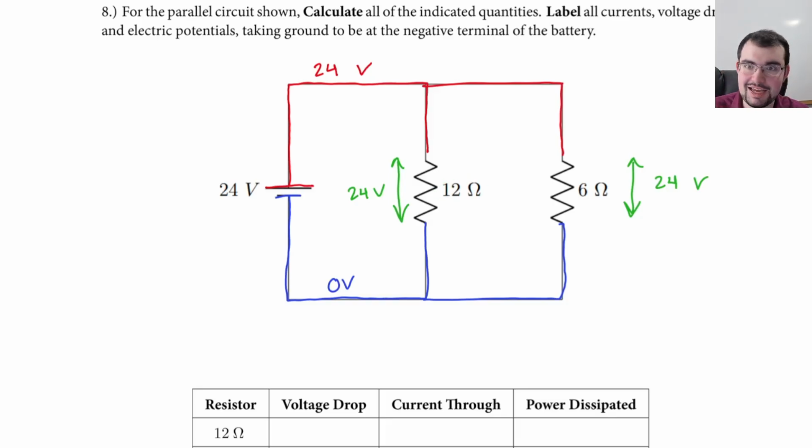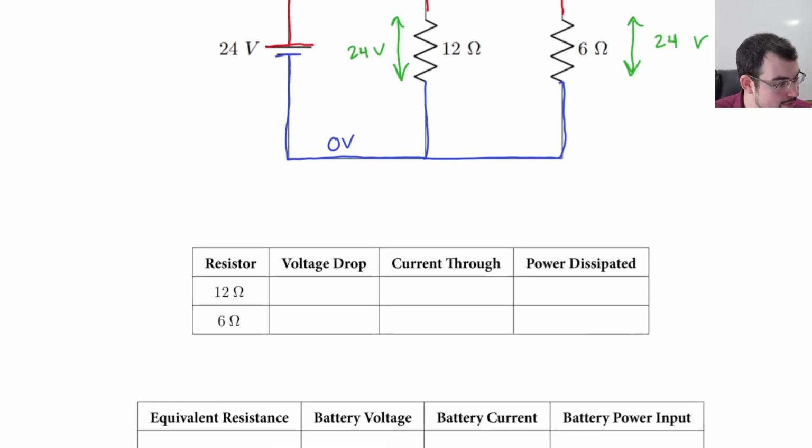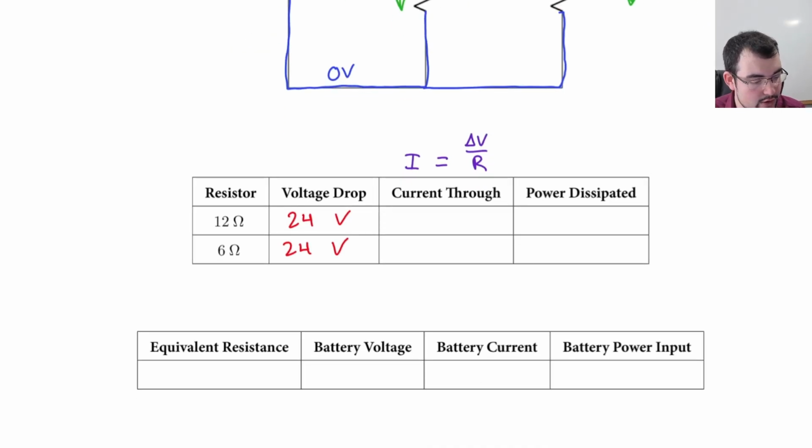So what's not the same is the current, right? We're going to serve a different number of customers. This is the slow lane. This is the fast lane. So what is voltage drop across each? 24 volts. How do I find current? Well, Ohm's law says current is delta V over R. So 24 over 12, 2 amps. 24 over 6, 4 amps.